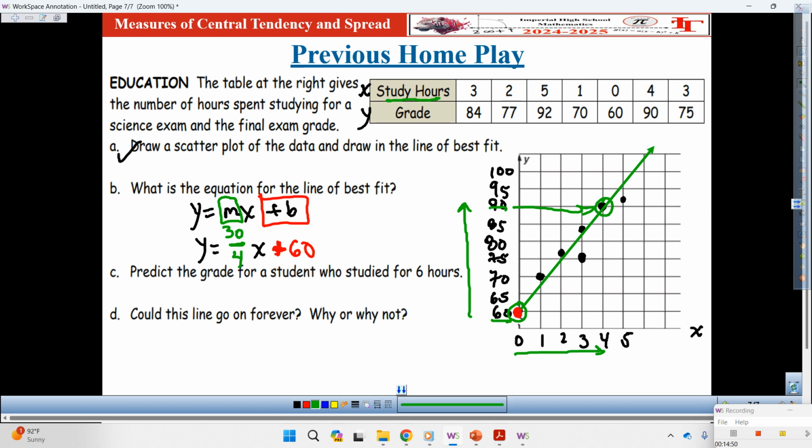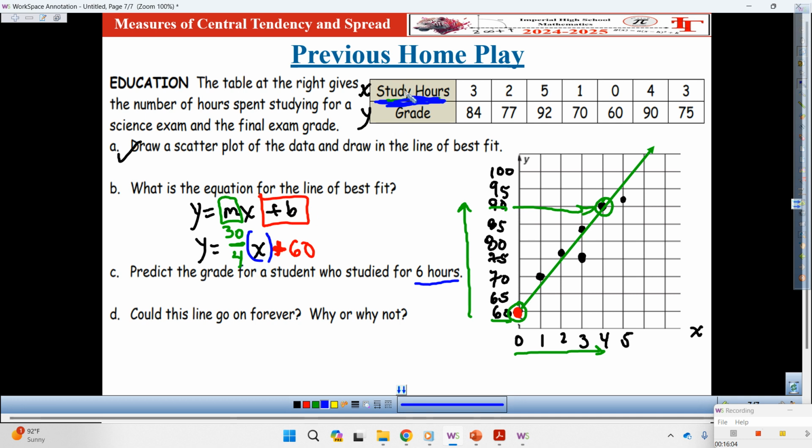Amelia, pass someone. Brandon, what do we do then? Six hours of study, and we said the study hours are here. Now, we substitute for X, people.